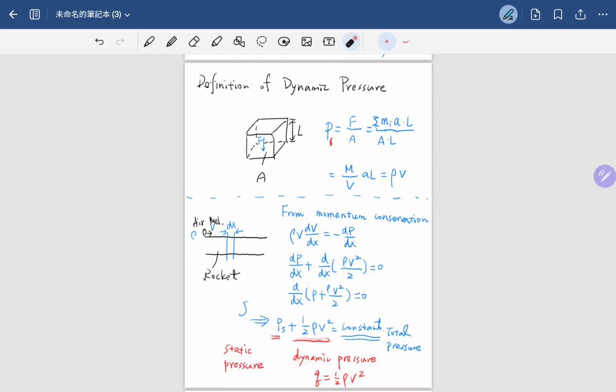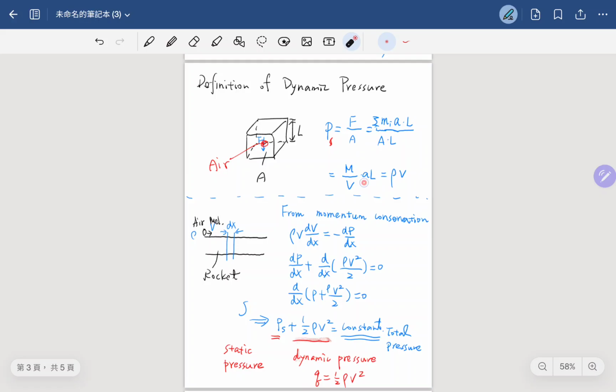Let me draw this. For example, we are in the air now. The amount of air molecules with mass m, we say has a total mass capital M, and we measure the length of this area, so this becomes a volume here.